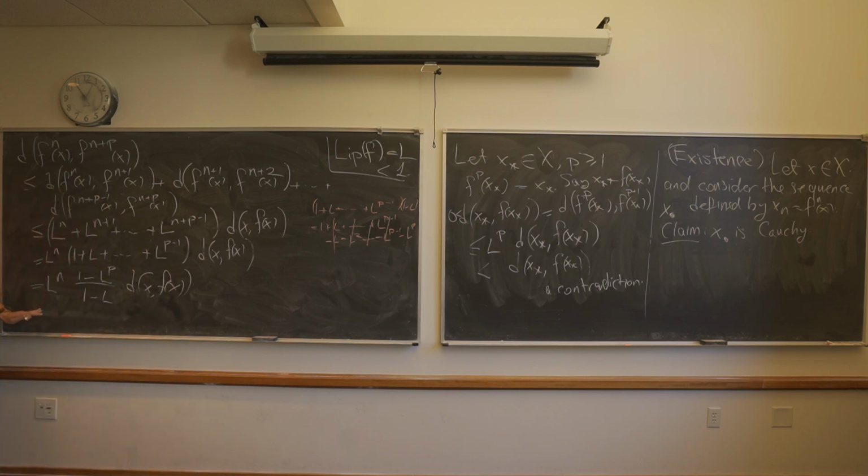Questions about this? Now you see this trick is very useful. Now I can get rid of this p, you see? Because this is bounded from above by L to the n divided by 1 minus L. I can just drop this and it would possibly increase.